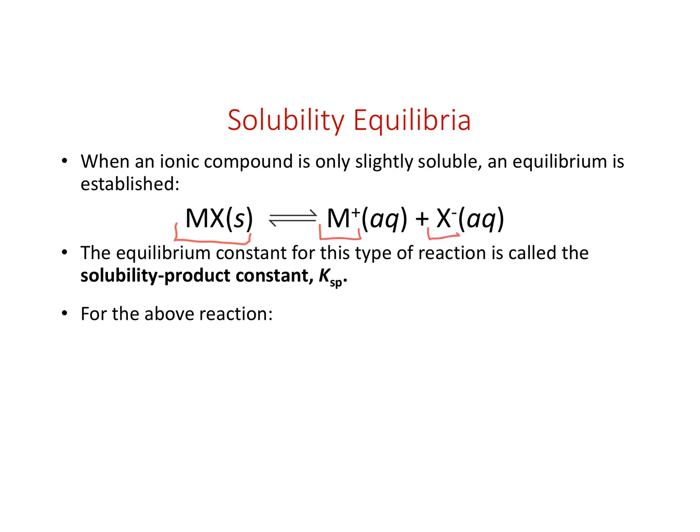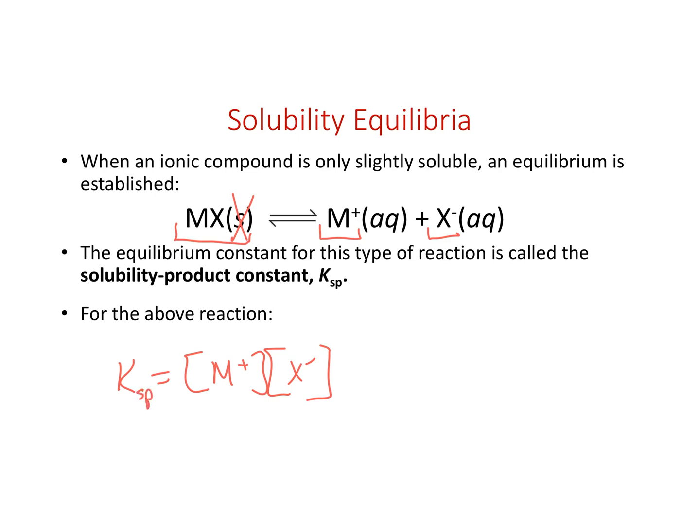What would the equilibrium expression for something like this be? Well, the solid we can ignore. Solids don't show up in our concentrations for equilibrium expressions. So my equilibrium would look like the concentration of products, the concentration of M times the concentration of X. There are no reactants to consider because they're solids, and like all the different K values we've looked at this semester, Kc, Kp, Ka, Kb, this one is just Ksp.